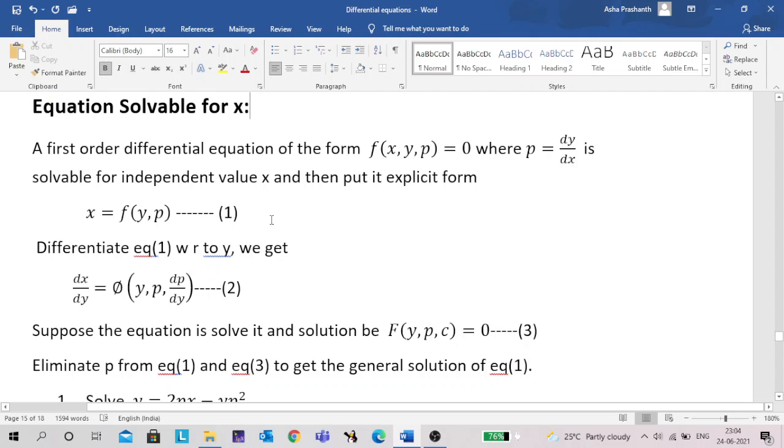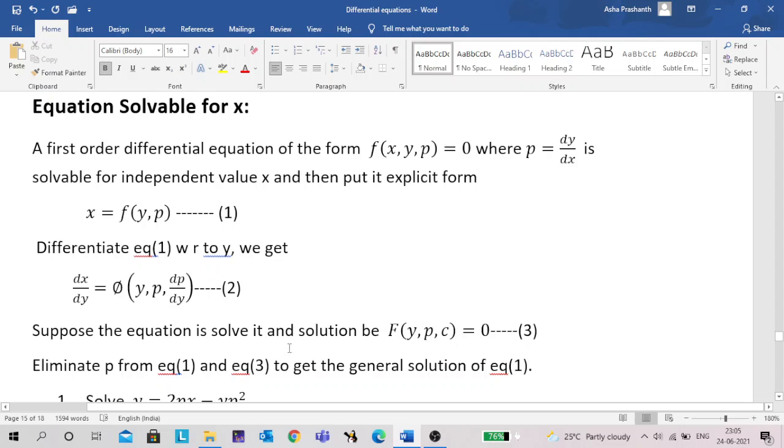After separating the equation in the form x is equal to something, we have to differentiate that equation with respect to y. Then we will get dx by dy on the left hand side, and some function on the right hand side depending on the problem.